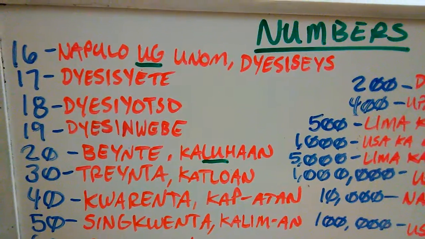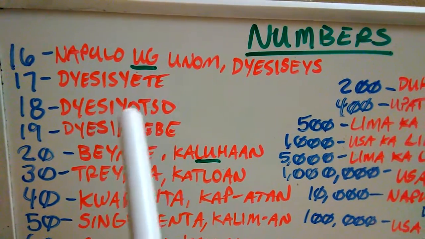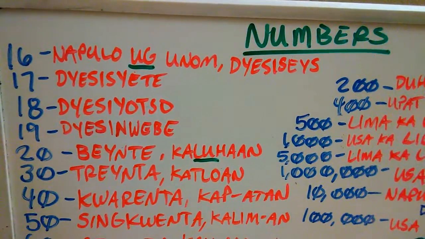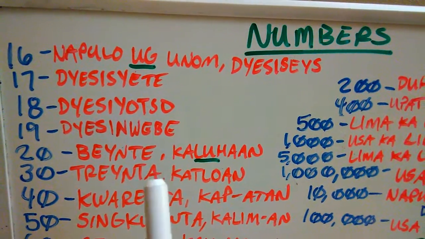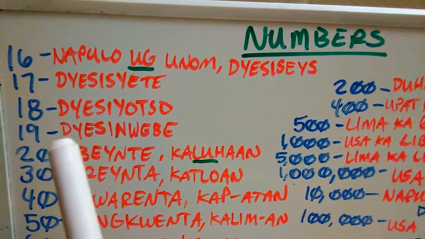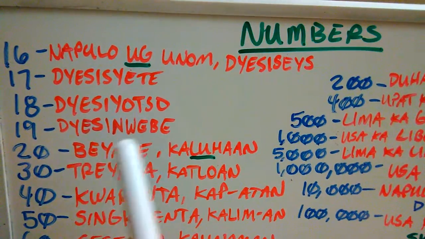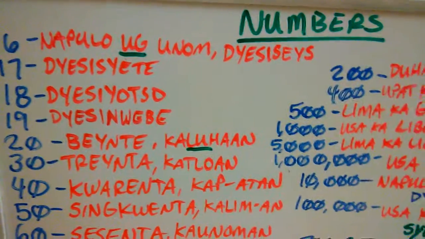If you want to use the indigenous set, you have to have Napulo, ug, and then whatever 7 is. The same with 18, 19, and so forth, until we get to 20, which is different. The Hispanic set for 17, 18, and 19 follows the same way.